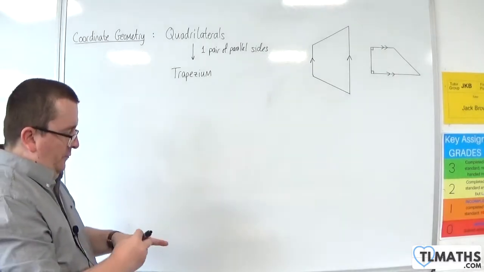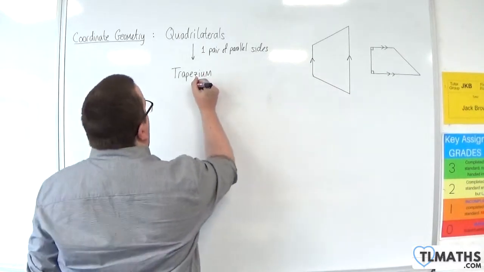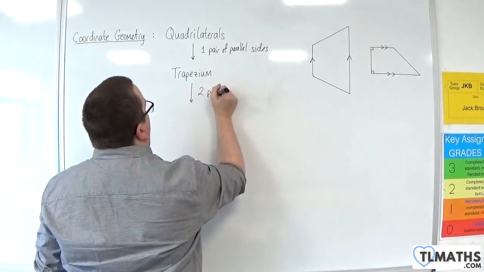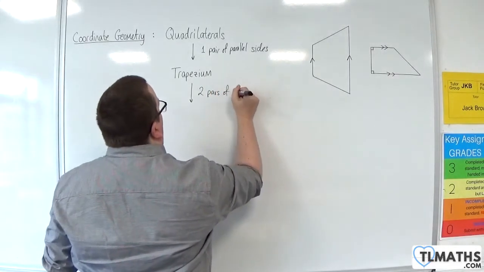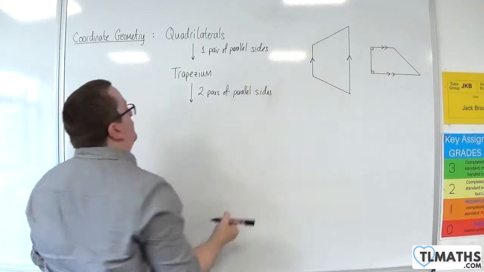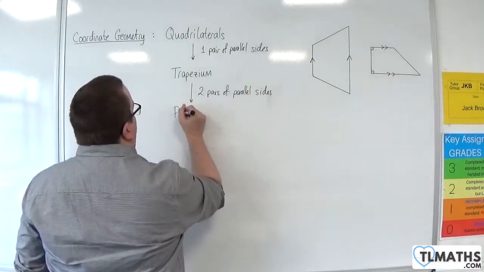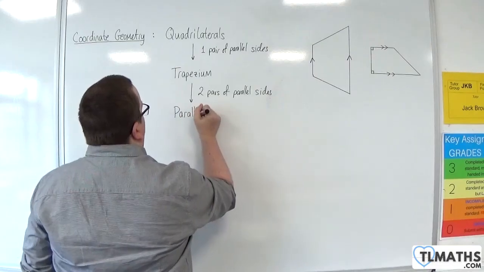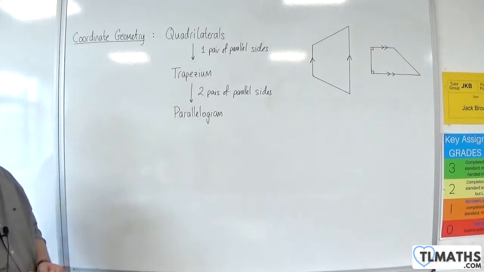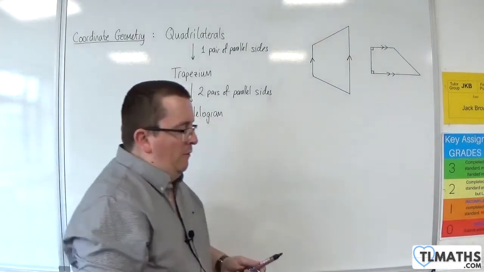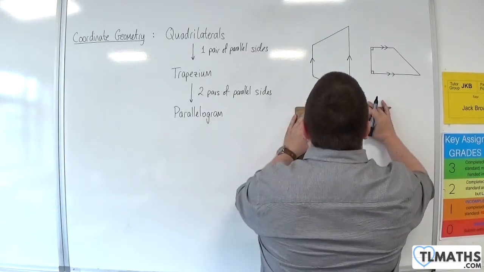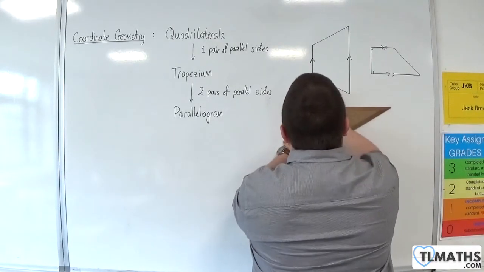So, what happens if we then add in a second pair of parallel sides? So 2 pairs of parallel sides. Well, then we have a parallelogram. Okay, so parallelogram, 2 pairs of parallel sides.